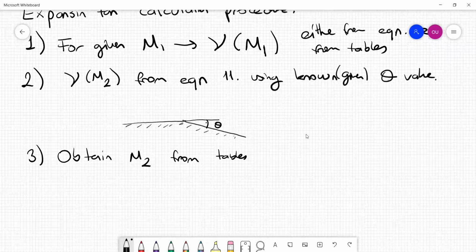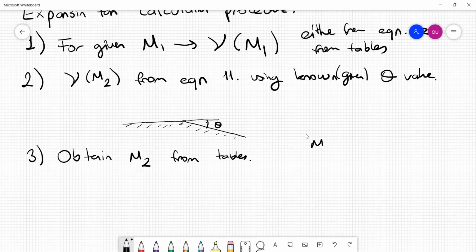How? Because in those tables we have basically two columns. The M column, where different Mach numbers are listed, and new M values are listed here. So in this third step, we have the value for new M, and then from this table we will find the value on the left column that corresponds to that new M2 value. It could be sitting between two Mach numbers.